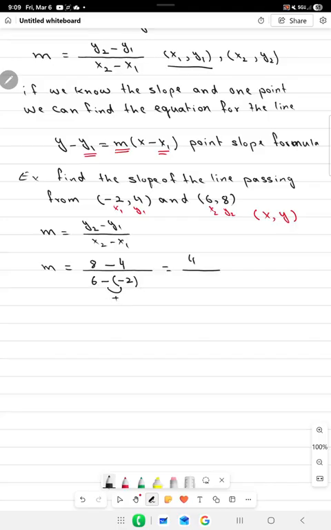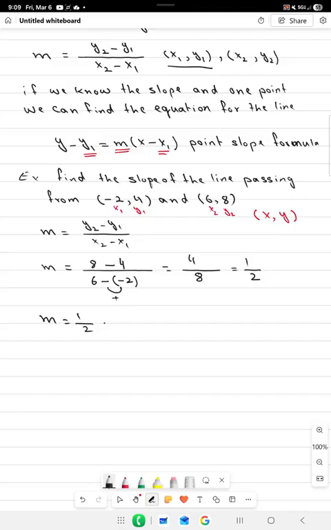It means 6 plus 2, which gives us 8. If you reduce, it will be 1/2. It means the slope of the line is 1/2. It means the rate of change in that line is 1/2. Correct? This is how we do it.